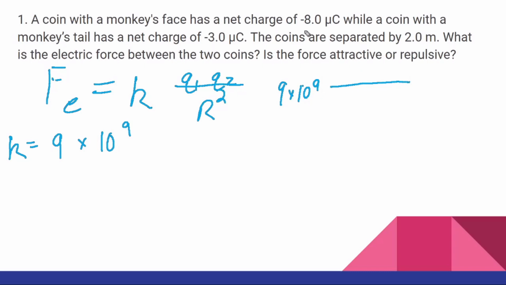And because the charges are in microcoulombs, we will have -8 times 10 to the -6 multiplied by -3 times 10 to the -6 over 2 meters.